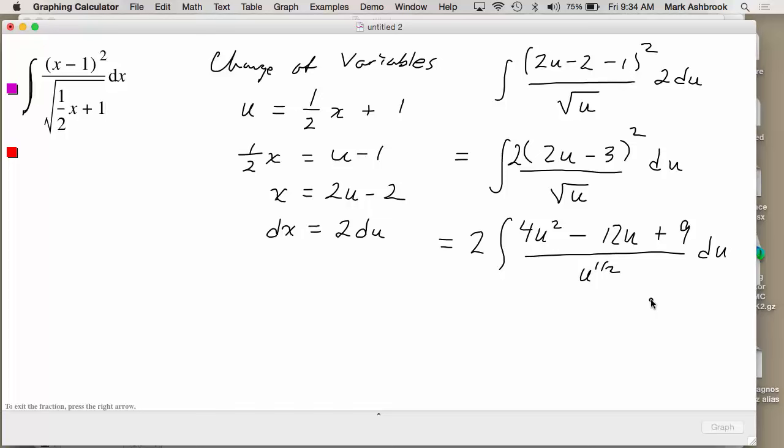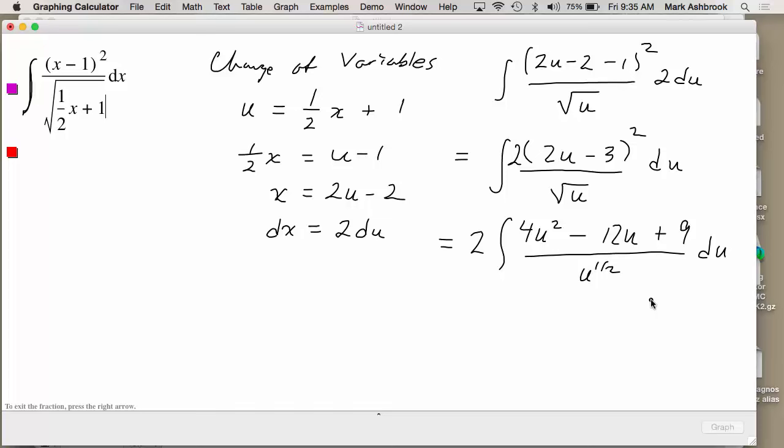Yeah, so we're basically going to pull this apart now into 3 terms, each one of those divided by u to the 1/2.